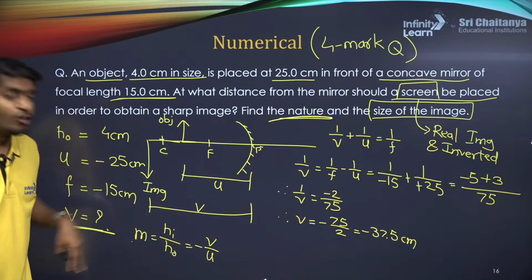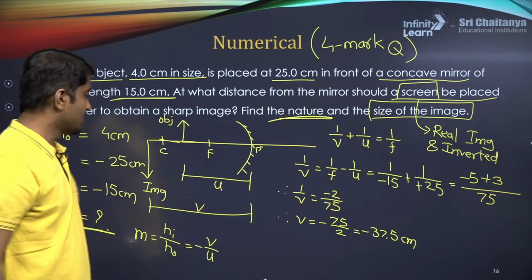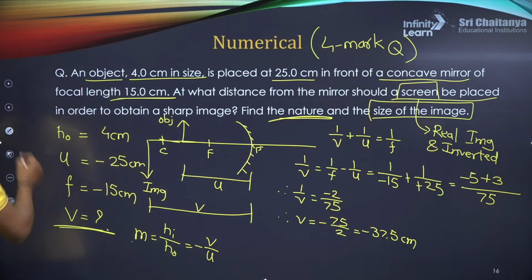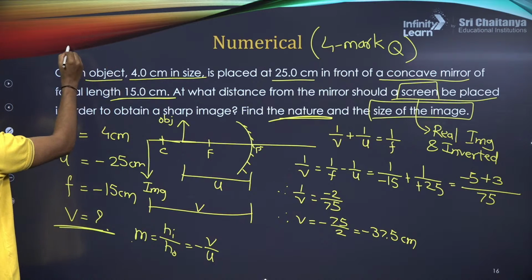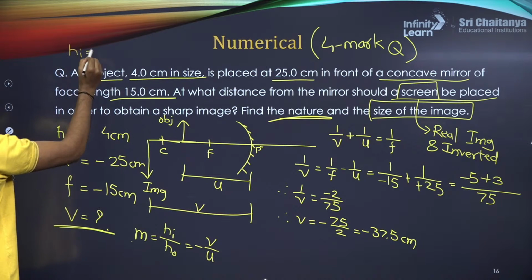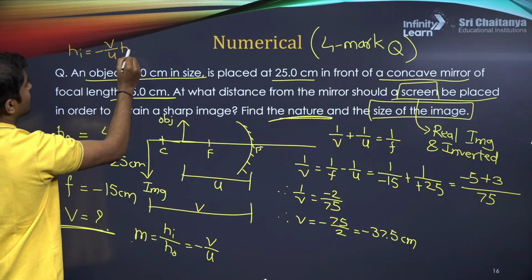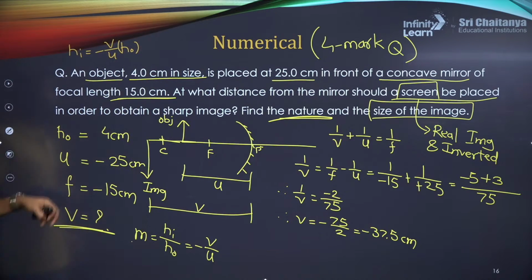There is another formula for magnification. So from here, I'll write here. So height of the image will be minus V by U multiplied by height of the object. So this is the height of the image.